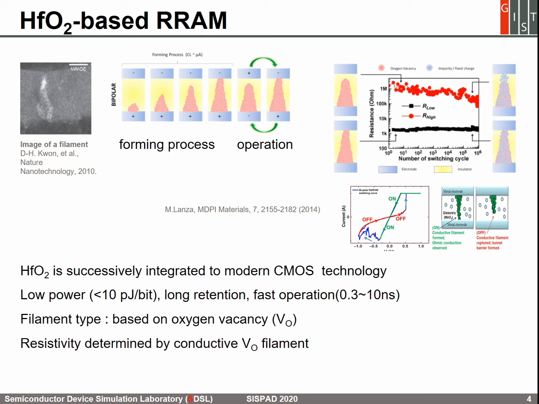It is known that the conductive filament, a conduction path made of oxygen vacancies, determines the electrical properties of the RRAM. Therefore, it is very important to understand the change of a filament shape under a given operation condition.